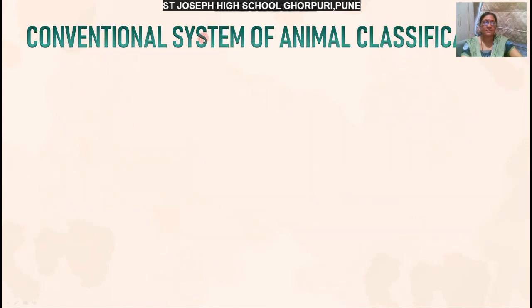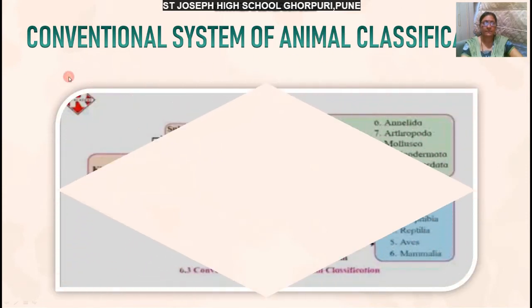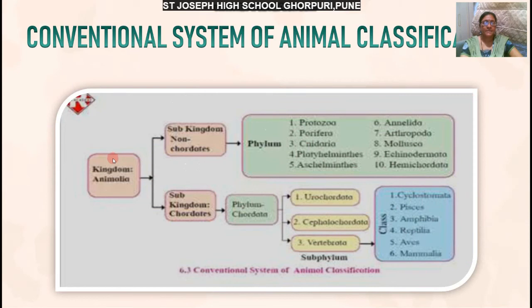Let's see the conventional system of animal classification. We'll see the chart. Kingdom Animalia, as you can see, is divided into two subkingdoms: non-chordates and chordates, as we have just seen the characters. Now further, this subkingdom is divided into phyla. There are 10 phyla in the case of non-chordates.